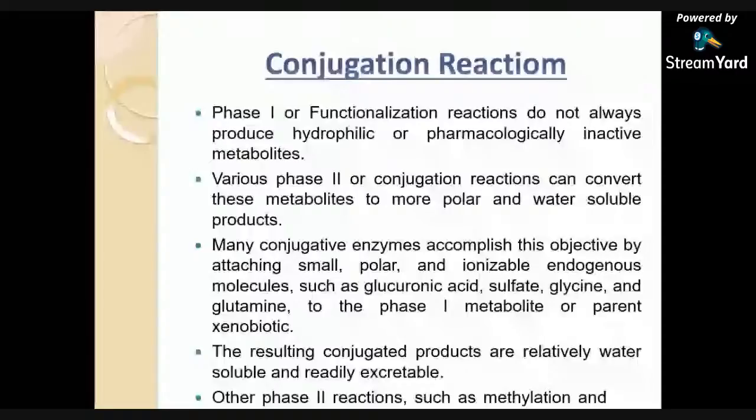The resulting conjugated products are relatively water soluble and readily excretable, or eliminable, which means easily removed from the body. Other phase 2 reactions such as methylation and acetylation do not generally increase the water solubility. So we will discuss this one in detail.